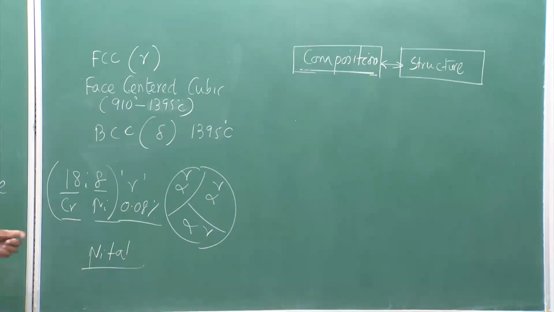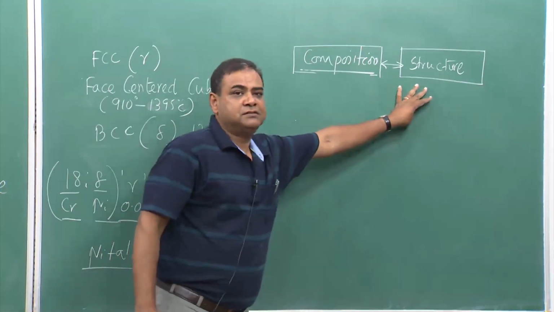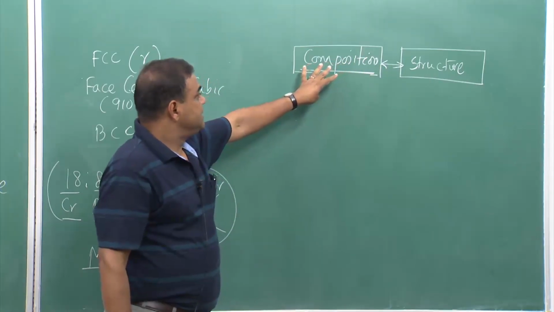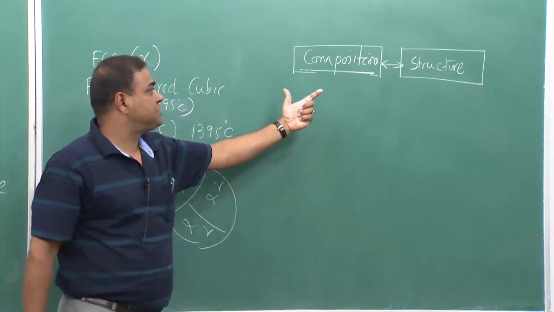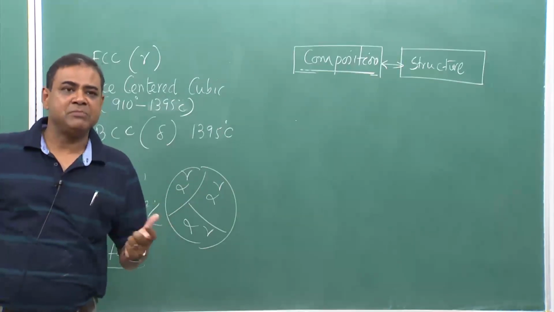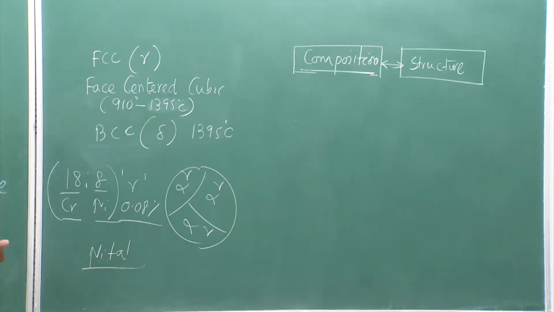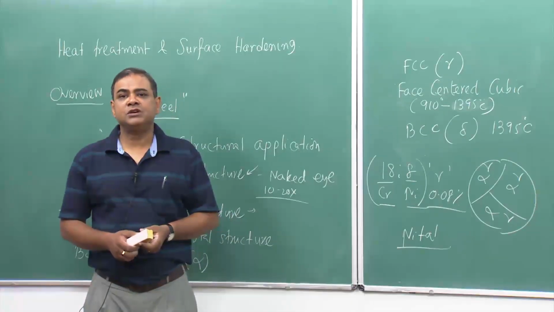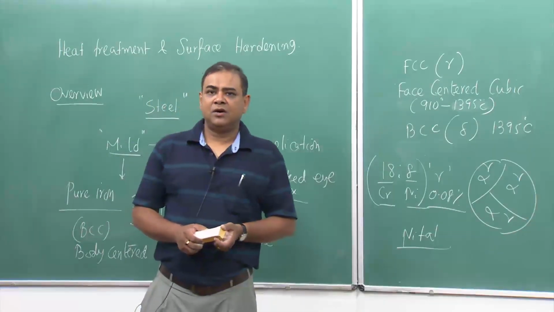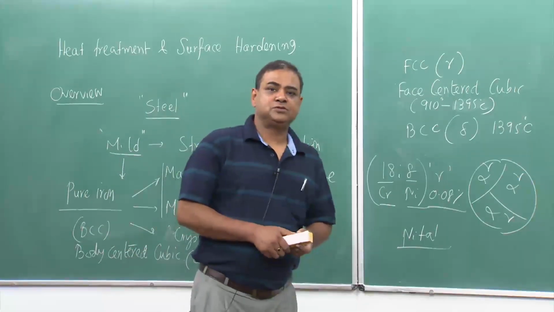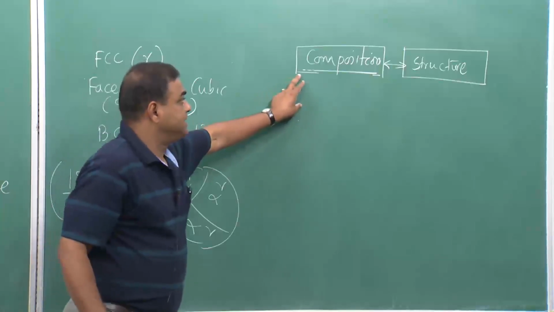When we have a combination of composition and structure, we get some kind of properties in that material. The properties, in the form of either tensile properties or chemical properties or functional properties, we can change if we change composition and structure.